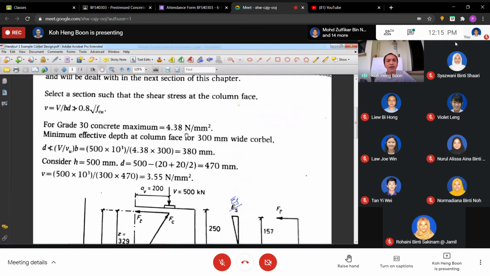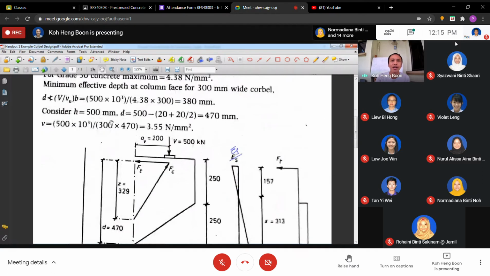From here, the B we know already. B we are going to build as the whole width of the column. So we rearrange the equation and substitute this maximum 4.38. At the end we get 380. Consider this is the D, but you have to add the rest.